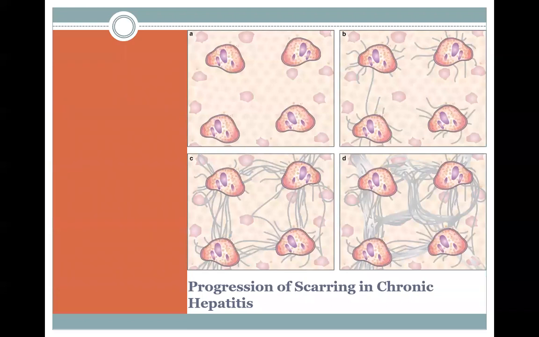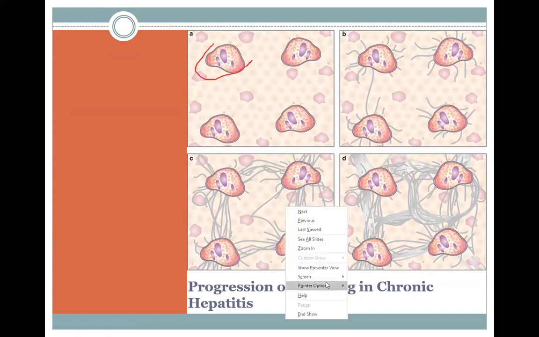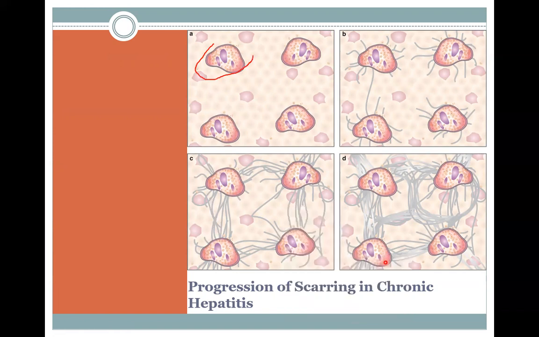When you start to see that this process is going to engulf a whole number of portal tracts that are adjacent to each other, the end result is going to be the formation of a hepatic nodule. You see that?